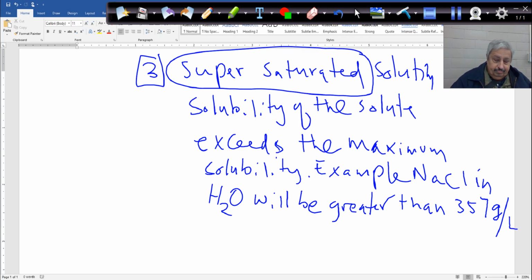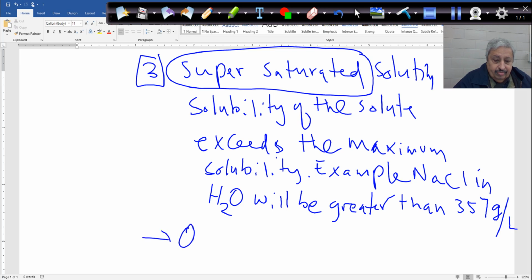Now with this in mind, in a supersaturated solution you will see at the bottom of the container part of the particles or precipitate that's not dissolved, because that's the whole thing, correct?